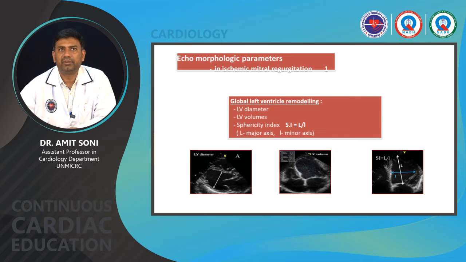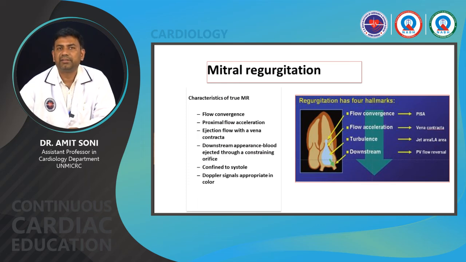The morphological parameters of ischemic mitral regurgitation are global left ventricular remodeling: LV diameter, LV volumes, and sphericity index, which is the maximum length by the minor axis. The characteristics of true mitral regurgitation: there are four hallmarks, flow convergence, flow acceleration, turbulence, and downstream effect.